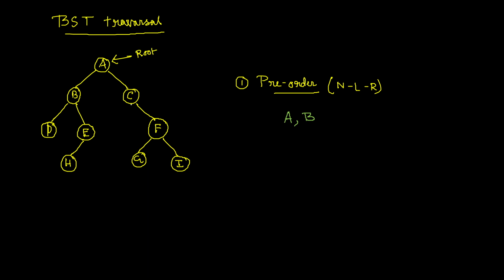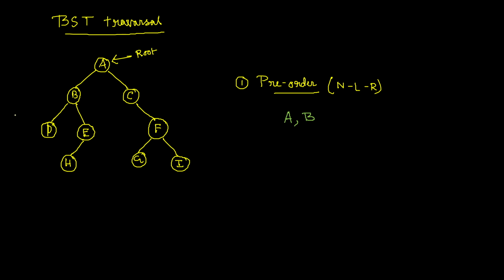But then I cannot print C because I have to go downwards, and we will see that we have a left subtree of B. Until we don't have any left subtree, we will proceed, and we will stop when we reach a leaf node. Then we will start returning back and go to the right side of its parent.